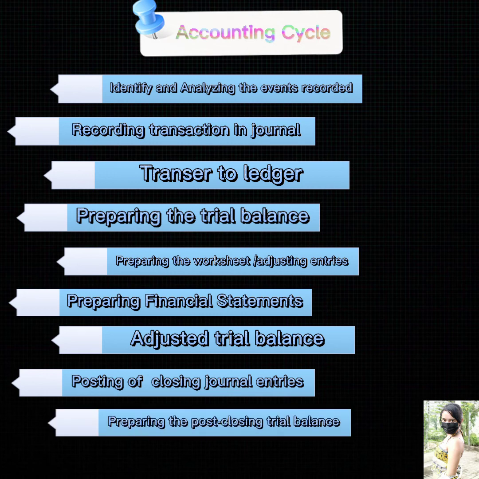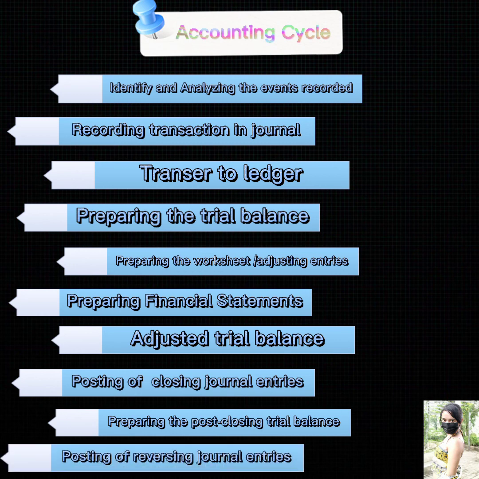The ninth step is preparing the post-closing trial balance. Before the new accounting period begins, the final trial balance is prepared. The post-closing trial balance is used to check that debits and credits remain in balance after closing entries have been made, as well as to ensure the beginning balances are correct.